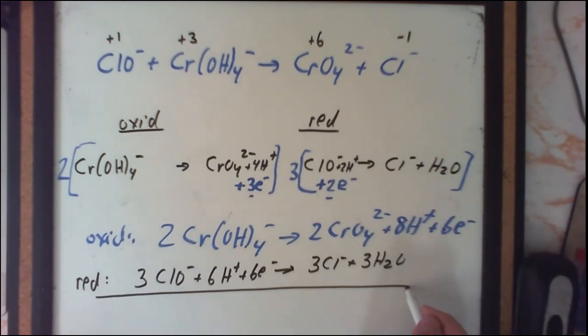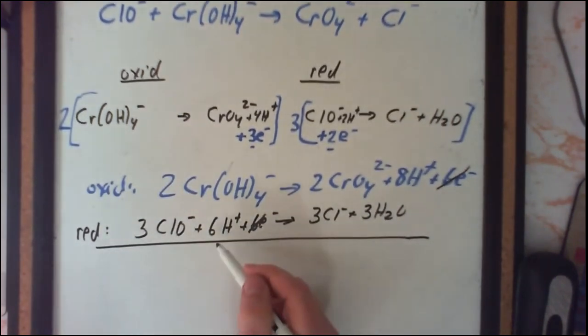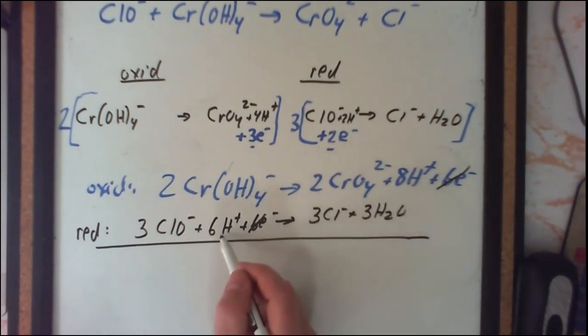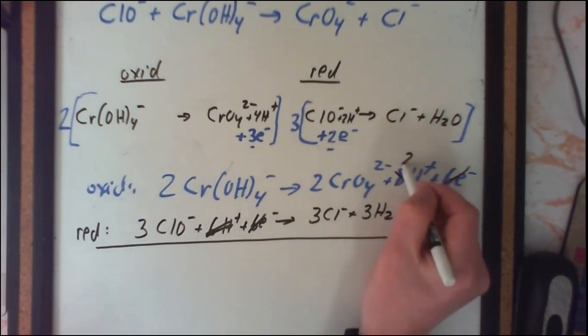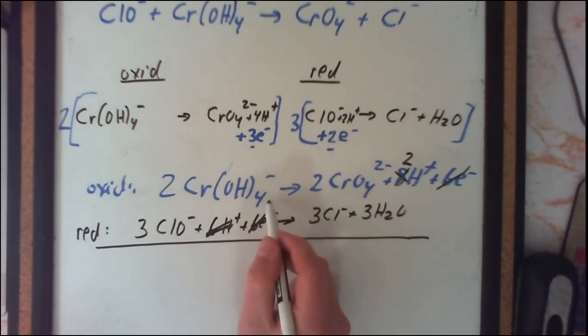When I combine these, I have to at the very least be able to cancel out my electrons, which I do. And then I look for other common species, such as, for example, hydrogen ions and water, which are most common examples. We have 8 hydrogen ions versus 6. So these 6 cancel out 6 of these to give me 2 remaining. And then we have water molecules here, but we don't have any water molecules here.